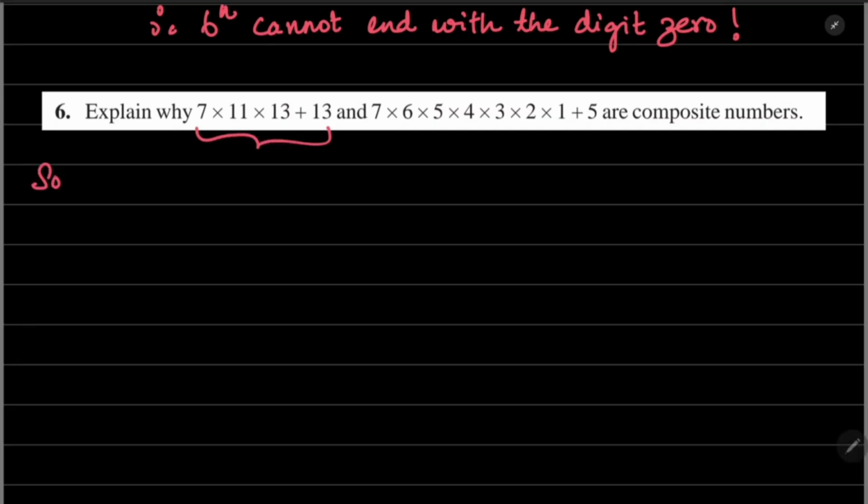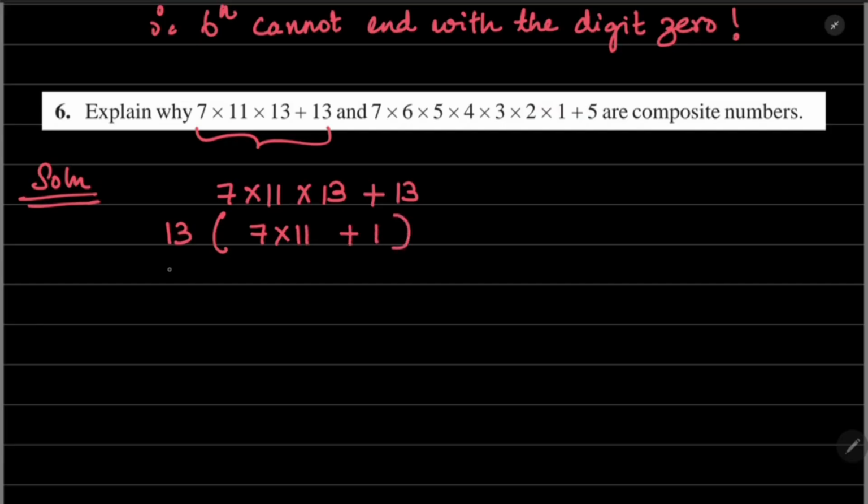So the solution. 7 multiplied by 11 multiplied by 13 plus 13. Take 13 common out. So what do you get? 13 multiplied by 7 into 11 plus 1. 7 into 11 is nothing but 77, plus 1. So it's 13 multiplied by 78.